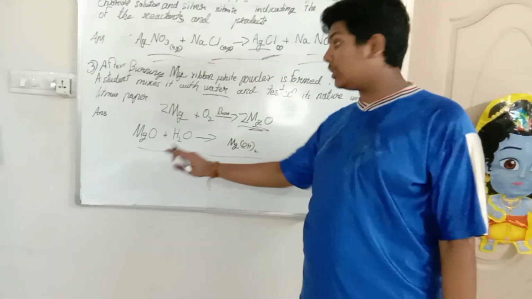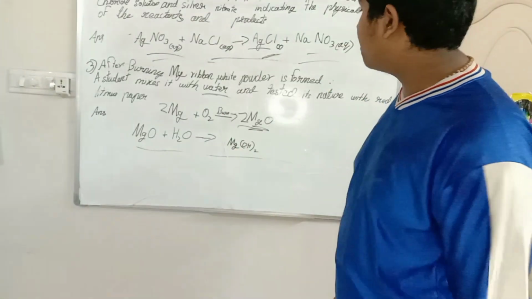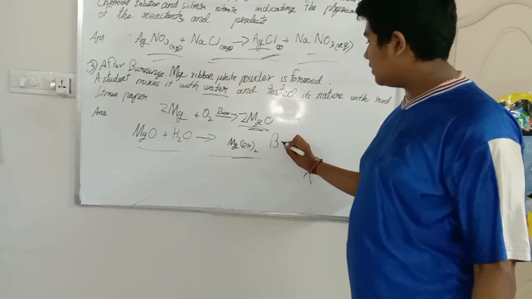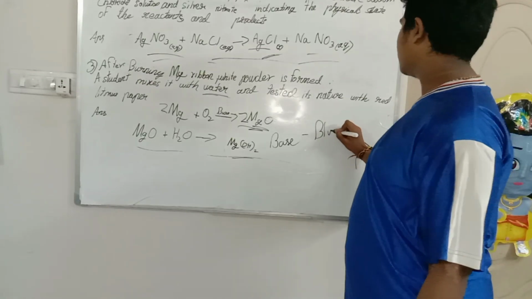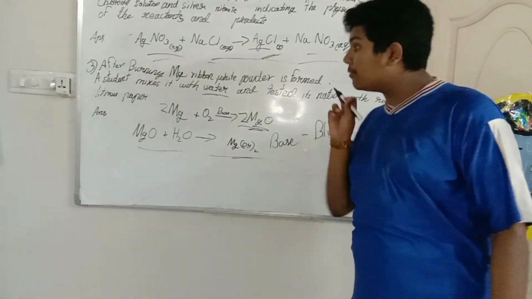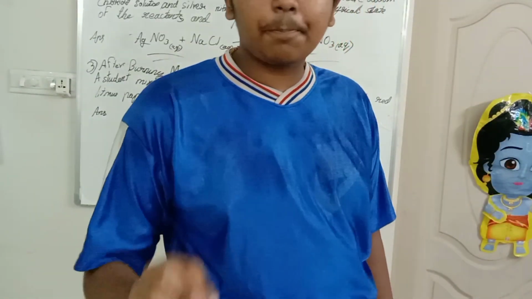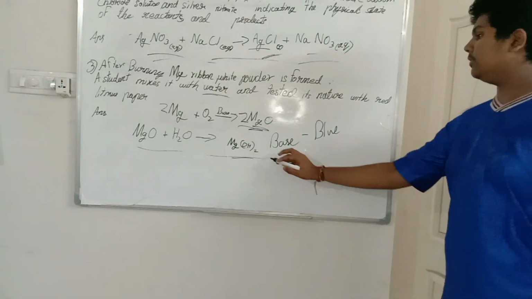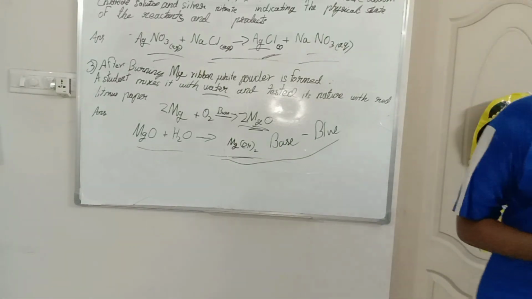So because magnesium oxide combined with water, it formed into base. So it will be base, which is blue color. Hence the red litmus paper will turn into blue color, which represents base. Hence this will be blue in color.